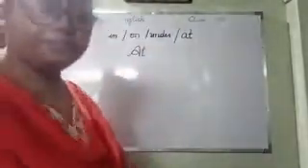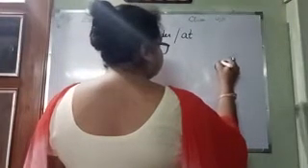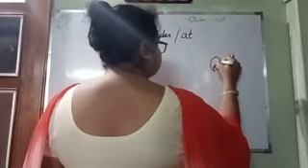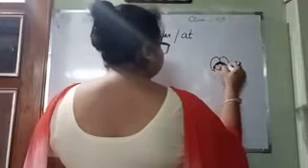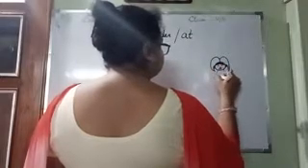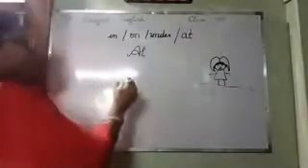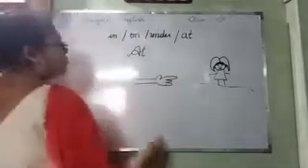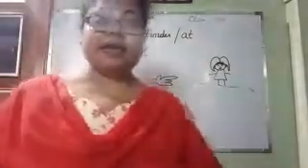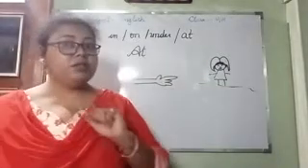Suppose a girl is standing here and someone is pointing exactly to the girl, then what is he saying?